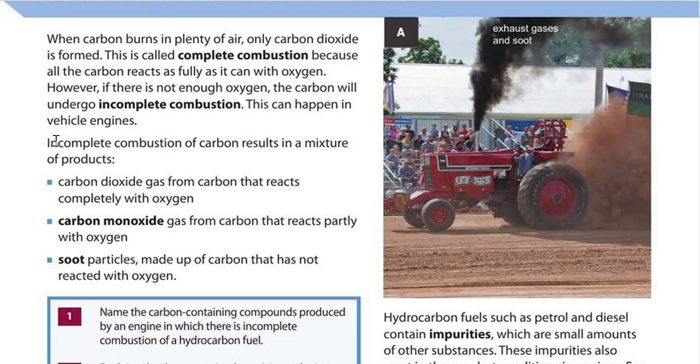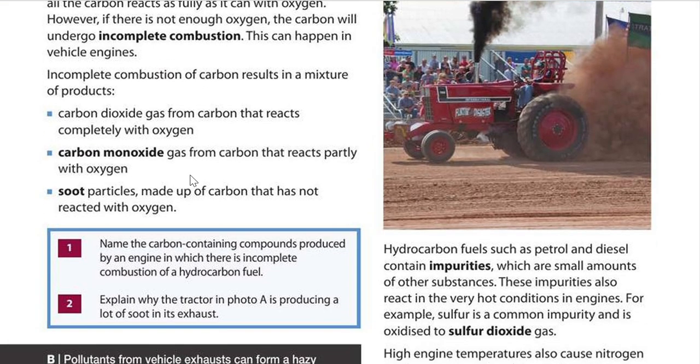So when there's incomplete combustion of carbon, the results are carbon dioxide gas from carbon that reacts completely with oxygen, carbon monoxide gas from carbon that reacts partly with oxygen, and soot particles, which are made up of carbon that has not reacted with oxygen.